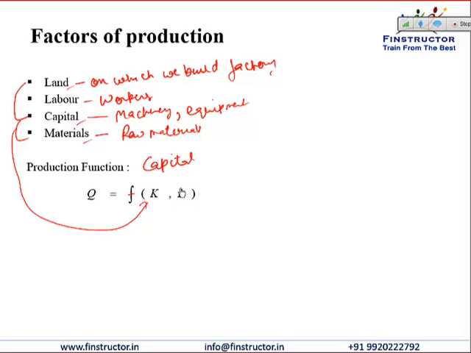You can imagine that if you want to increase production or you want to increase the quantity produced, you would have to increase all of these inputs. You'll need more land, more labor, more capital, more materials to be able to produce more and more of a particular commodity.